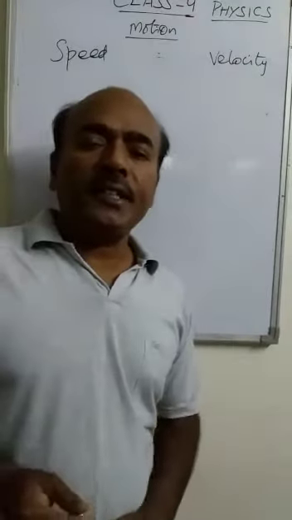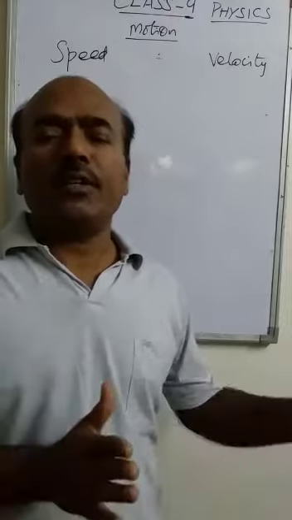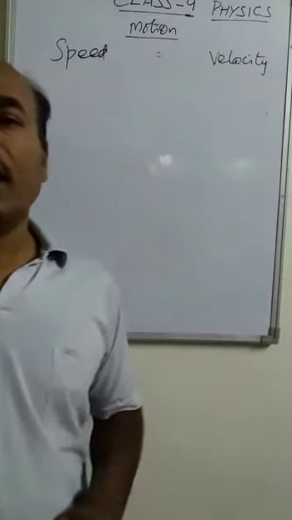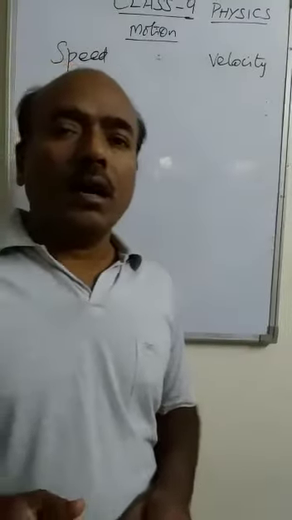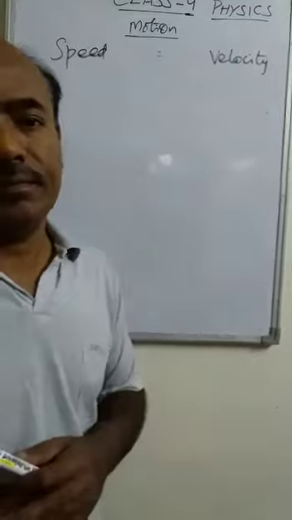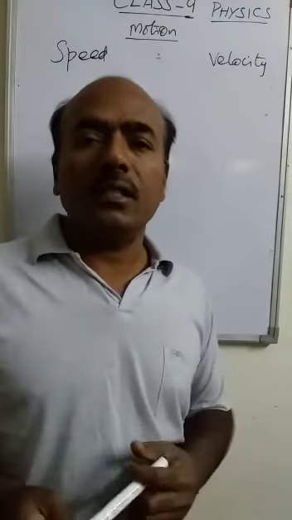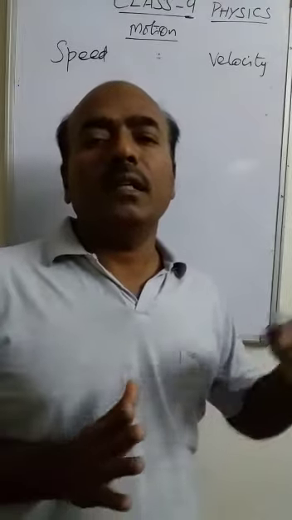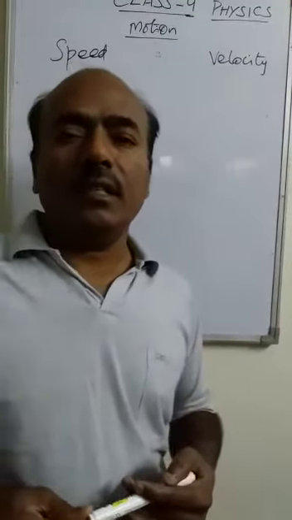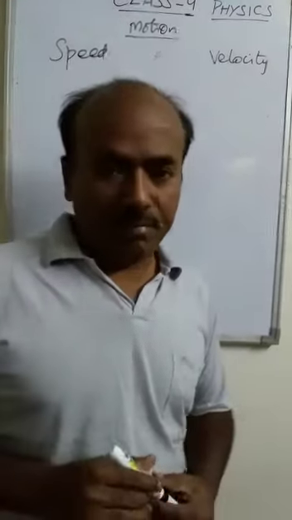These two quantities tell how fast an object is moving, how much length is covered by an object in how much time. But distance and displacement tell only the length covered by an object in a given direction or irrespective of any direction.